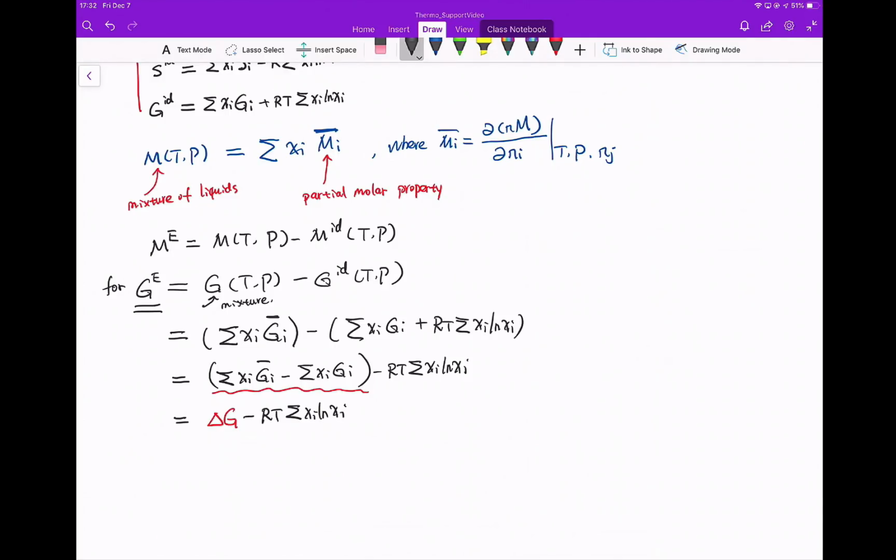This is why we are receiving this general note: we try to convert or correlate the excess Gibbs energy with respect to this mixing property.